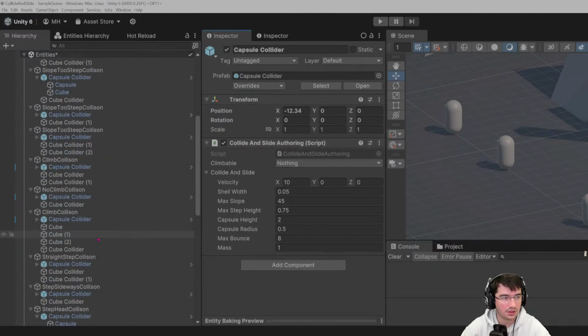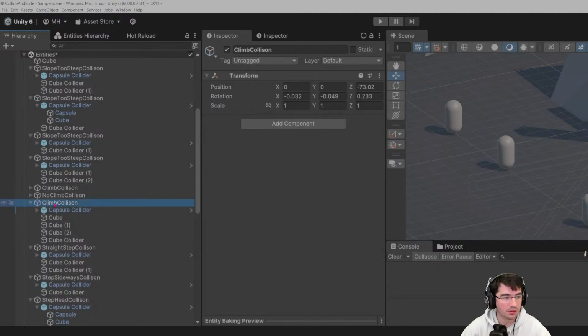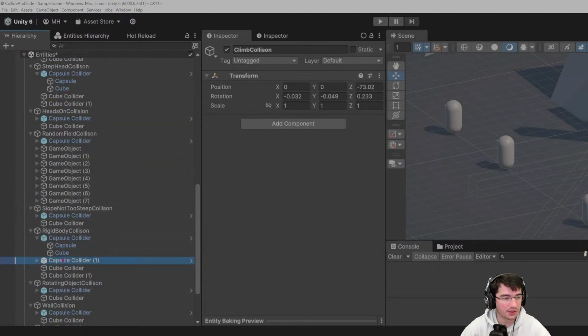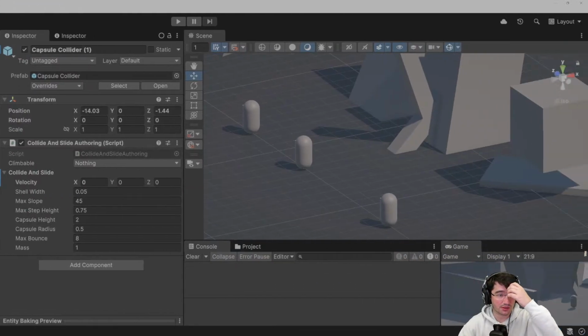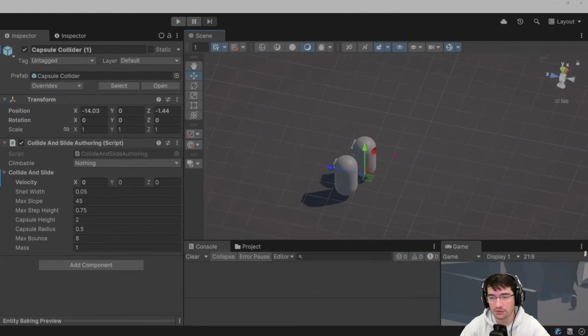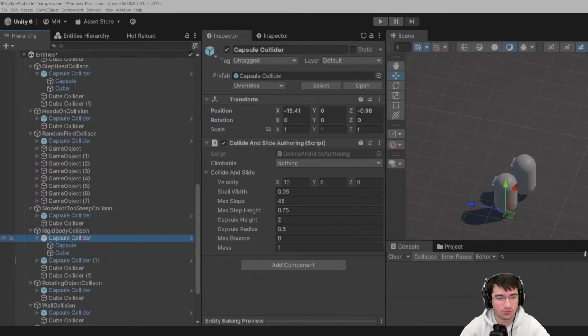I don't know. Okay, so the collision ones are expected because they are basically the physics layers that are set, and this one is expected because that's the one that I want to work around basically. And it should work correctly for everything now.